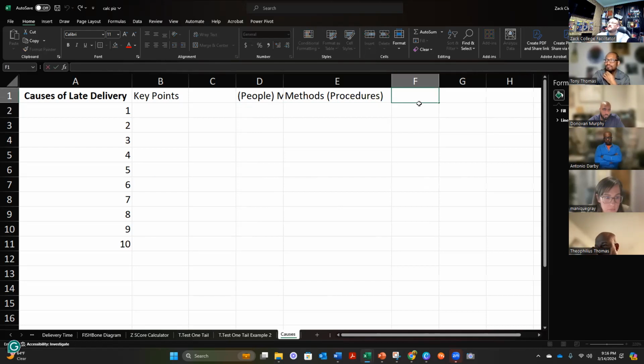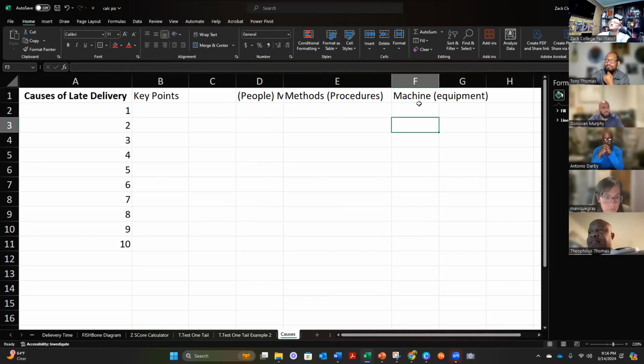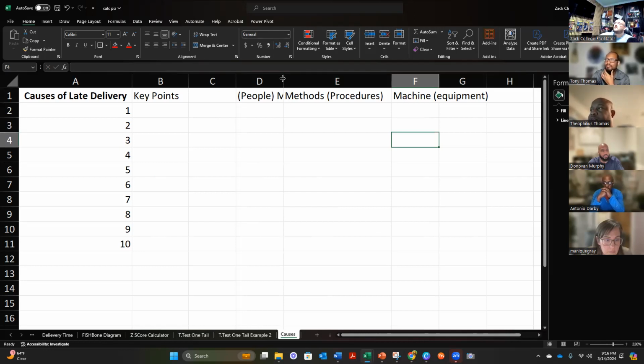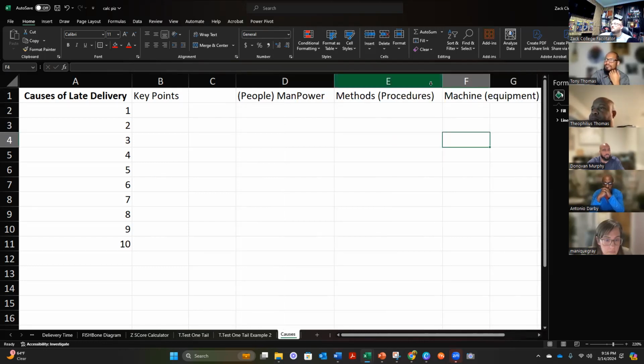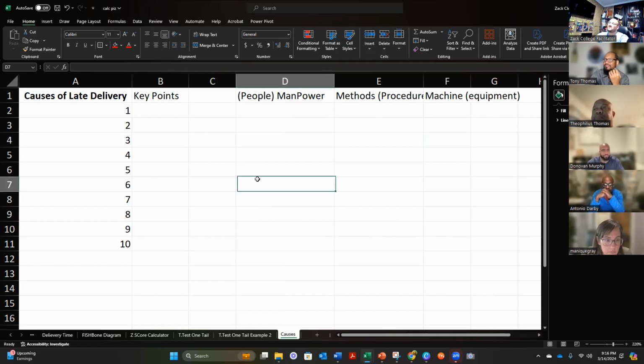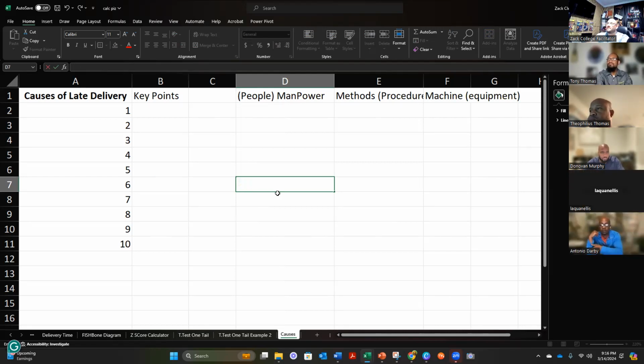This is where it says machine in the book, but I usually put equipment. We've got methods, materials, measurement, Mother Nature. What do we have? Mother Nature. So Mother Nature, environment. Yeah. We've got machines. Yeah, we've got that up there in equipment.